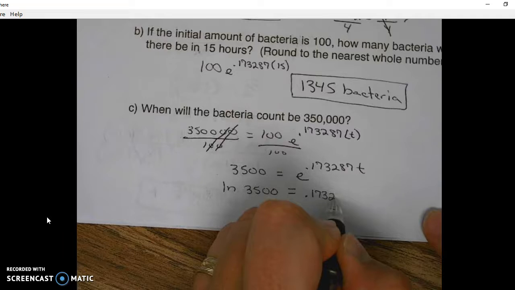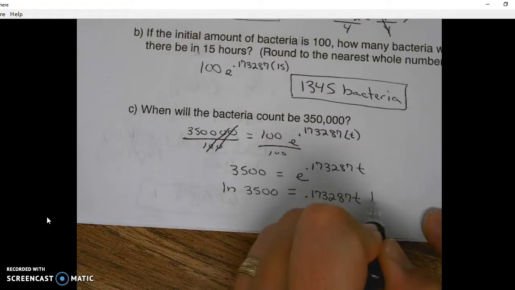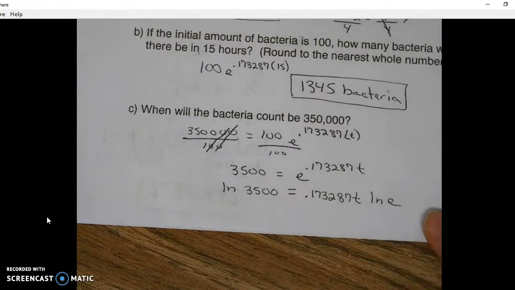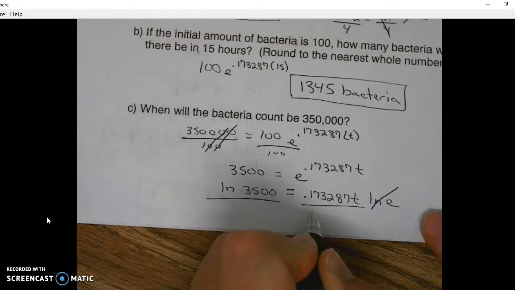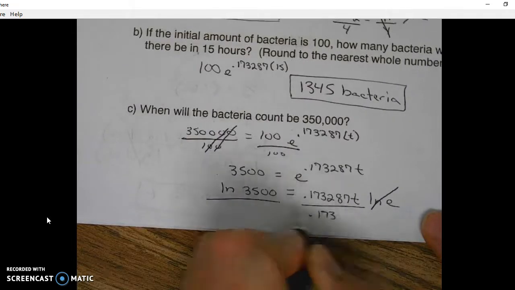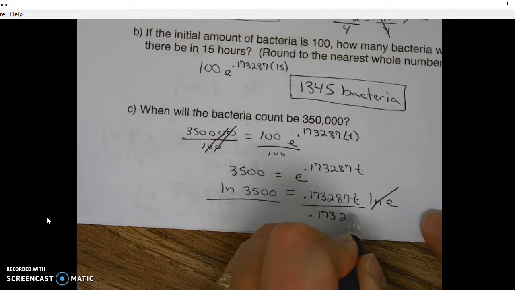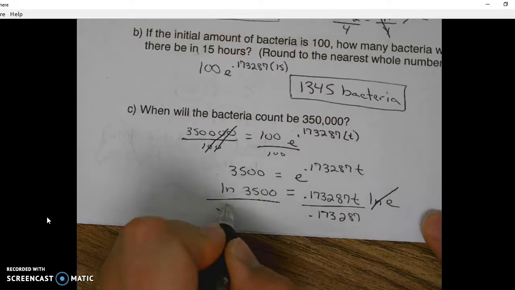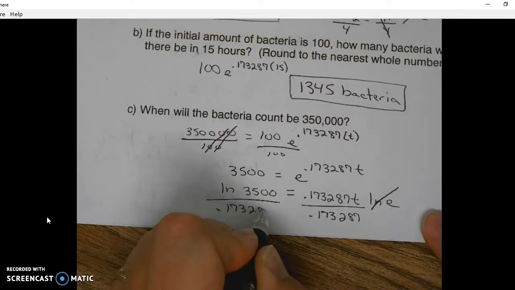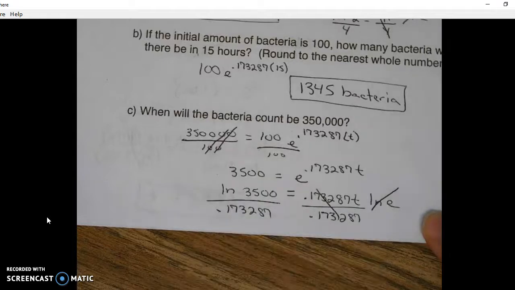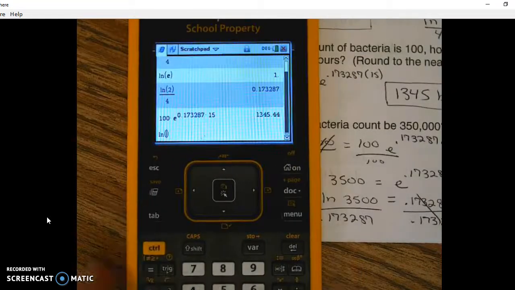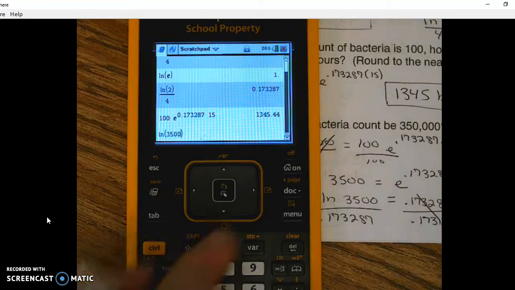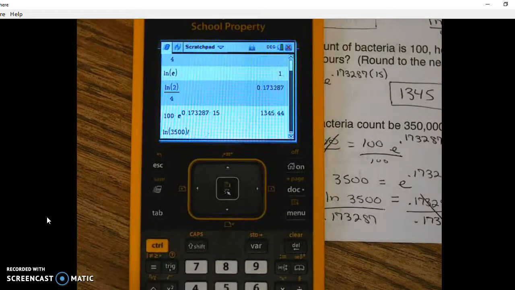I'm doing 2 steps in one here. And we just learned that the natural log of e is 1. Dividing both sides by the rate. All right, plugging it in: natural log of 3,500 divided by our decimal.